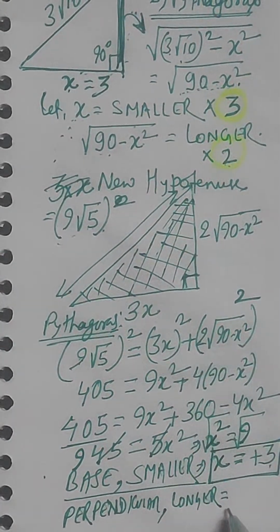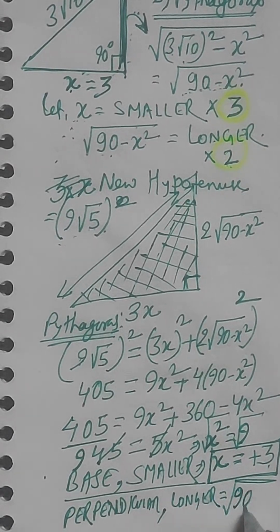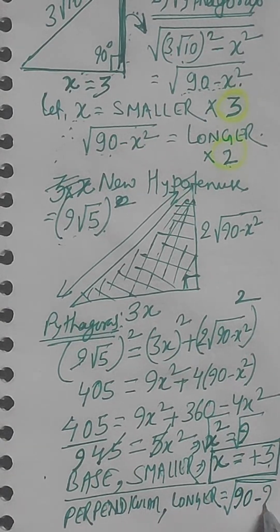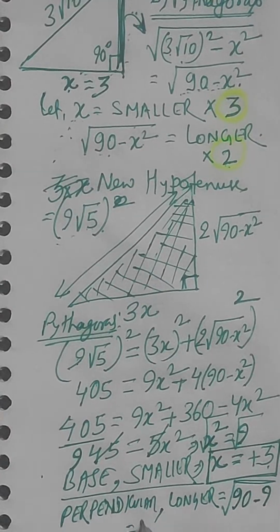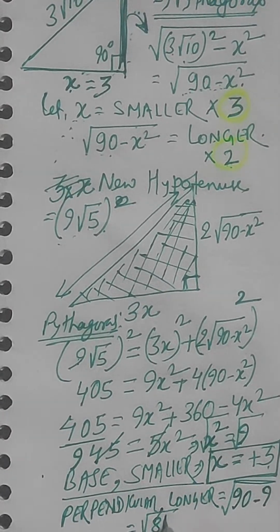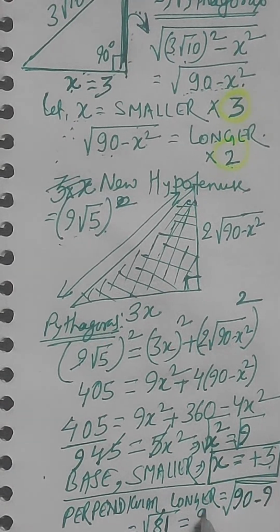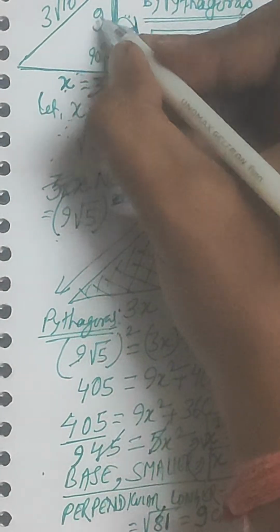Just put the value over here. X square is nothing but 3 square, and 3 square is 9. So 90 minus 9 will give you root over of 81, and root over 81 is nothing but 9. So 9 centimeter is the length of this perpendicular.